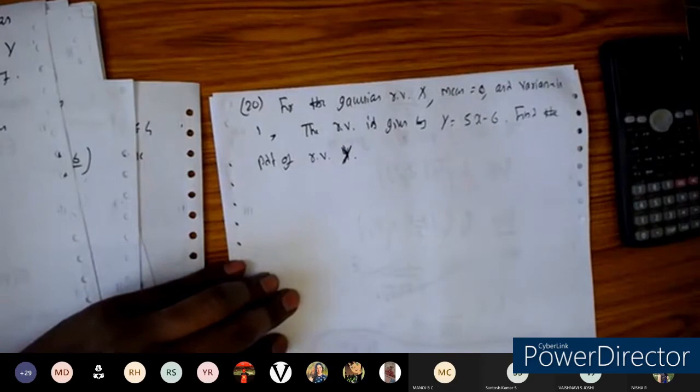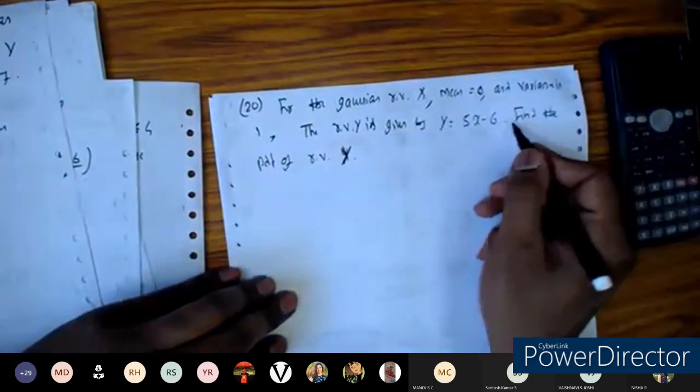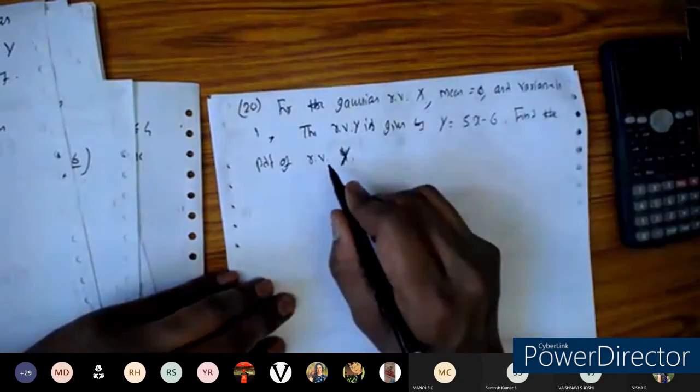The random variable y is given by y is equal to 5x minus 6. Find the PDF of the random variable y. To repeat: for the Gaussian random variable x, mean is 0 and variance is 1. The random variable y is given by y equals 5x minus 6. Find the PDF of the random variable y here.